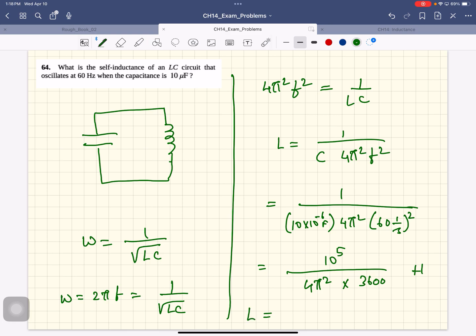So this works out to 0.7 henries. So in this circuit that oscillates at 60 hertz, 60 times a second, the capacitance is 10 microfarads and the inductor is 0.7 Henry.